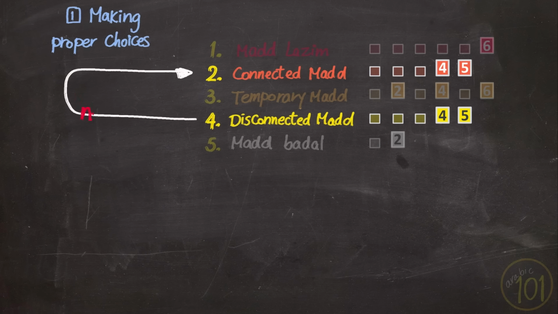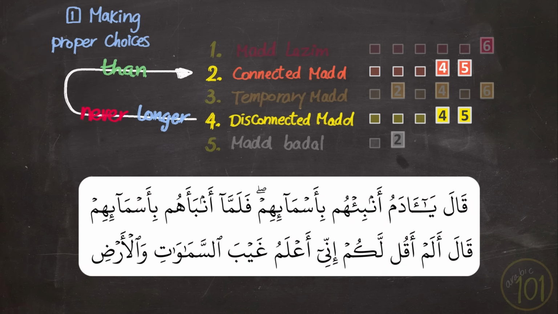But here's the thing, the disconnected med can never be longer than the connected med because it is weaker than the connected med. So, in other words, if you choose 4 counts for the connected med, then you can only choose 4 counts for the disconnected.